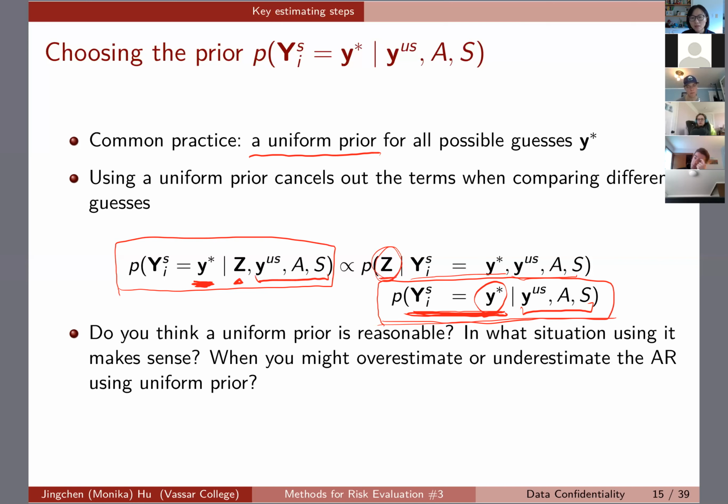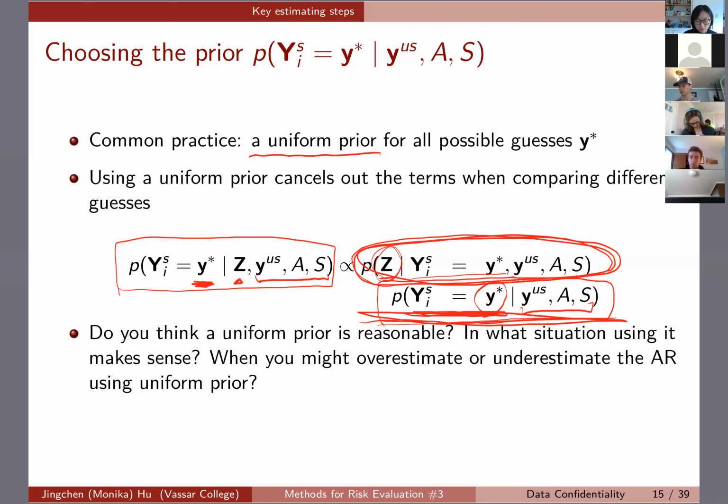When we say underestimate, it's really just underestimating the final thing here. Okay, we haven't talked about this part yet. So regardless of the prior, that is fixed. But now we're thinking about in what situation a uniform prior is useful, or in what situation it's probably not that useful, and all that. Okay, so let me pause here.